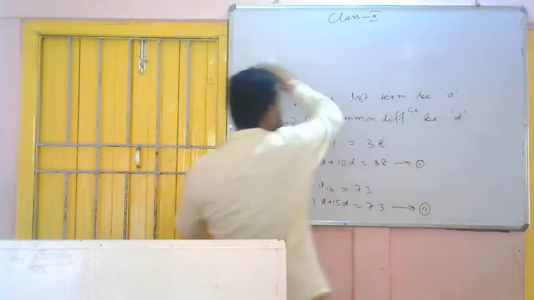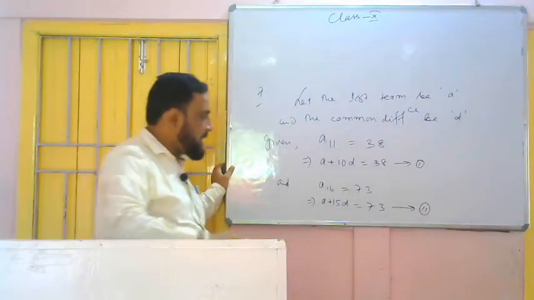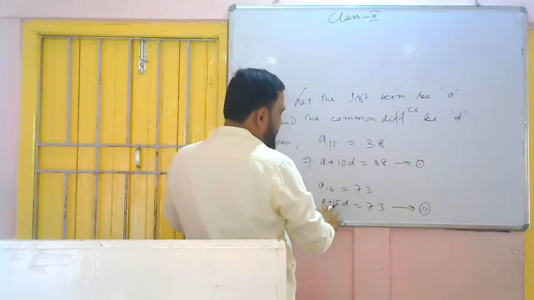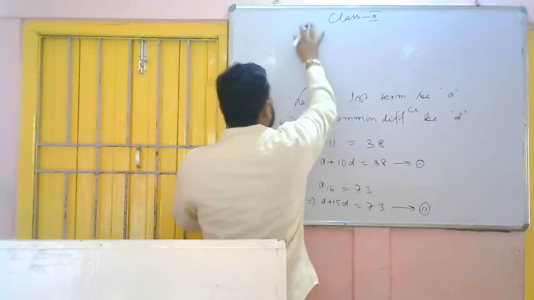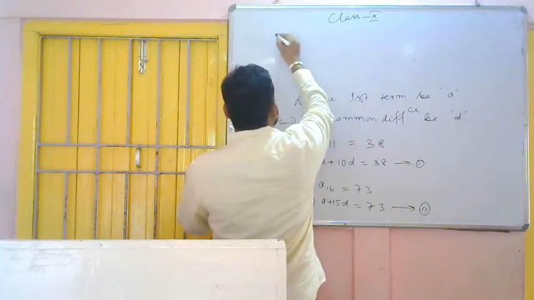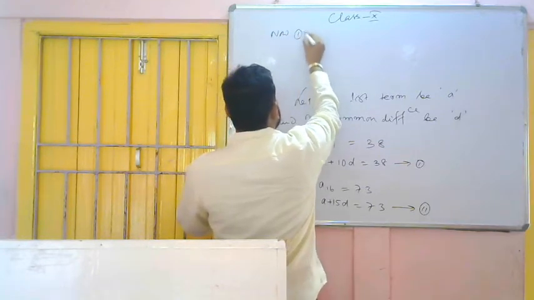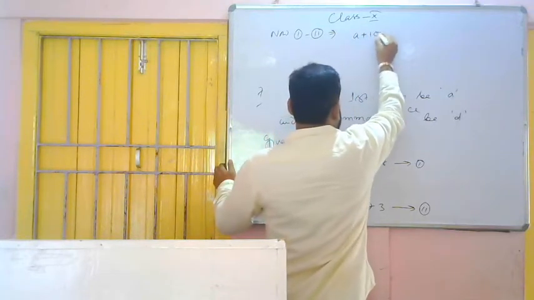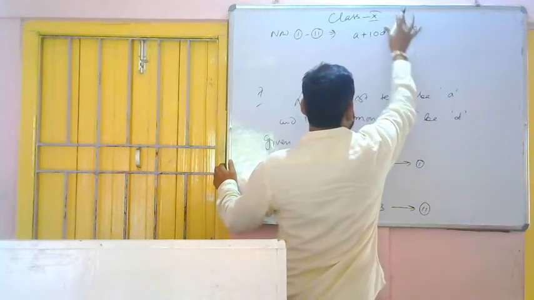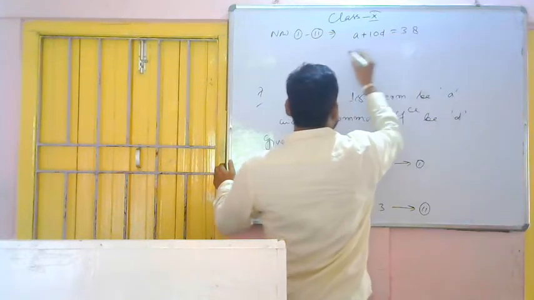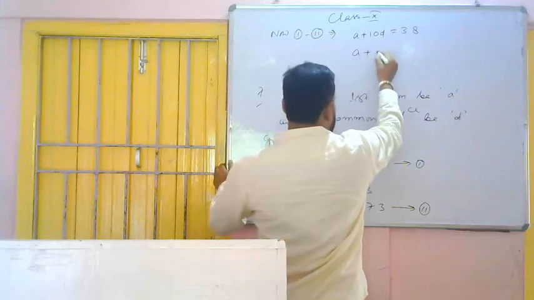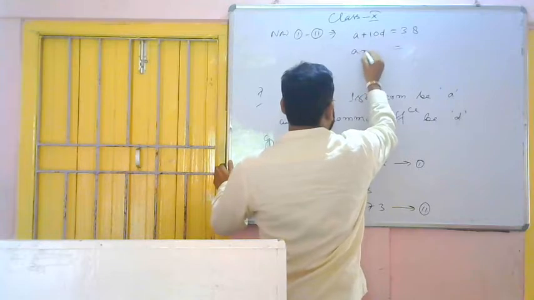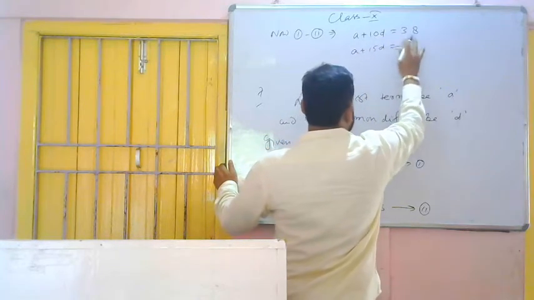So to find A or D, if we subtract these two equations, equation 1 minus 2, then A plus 10D is equal to 38, A plus 15D is equal to 73.